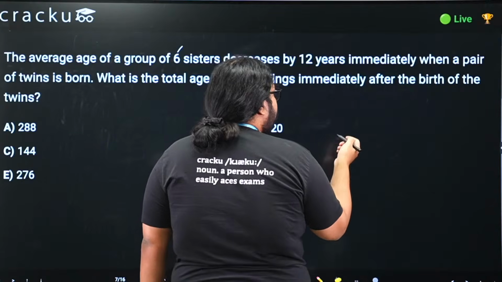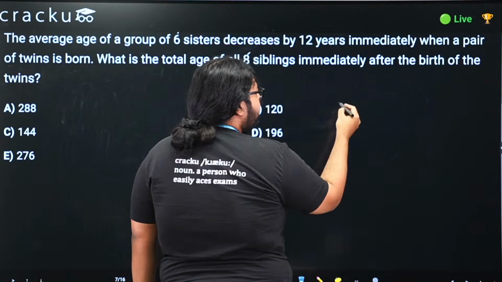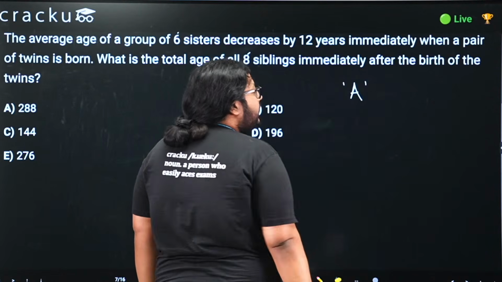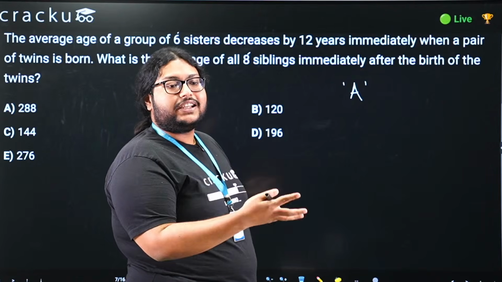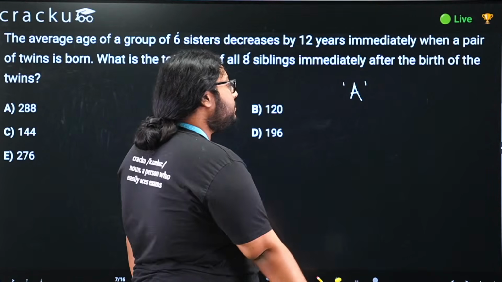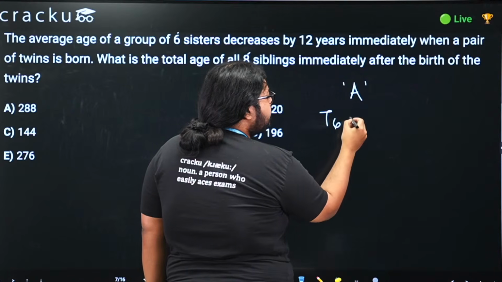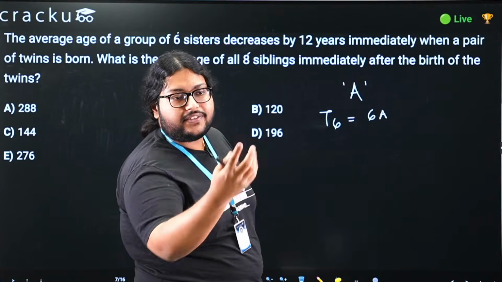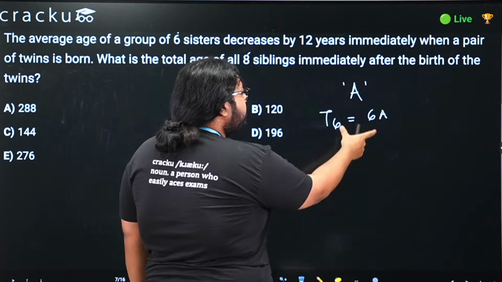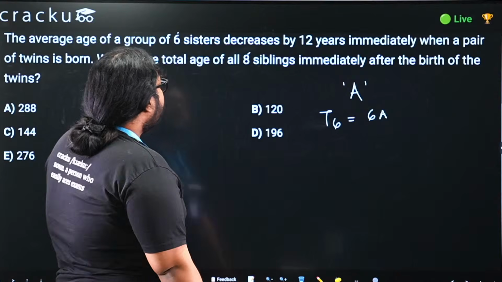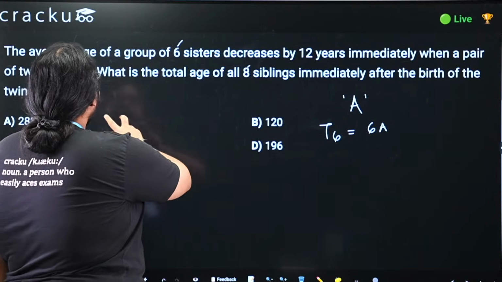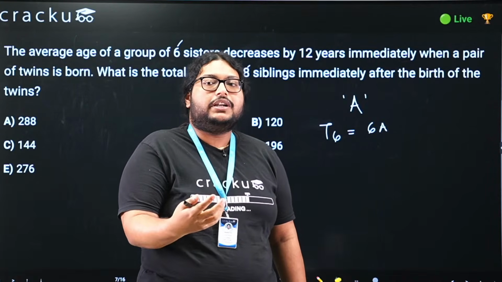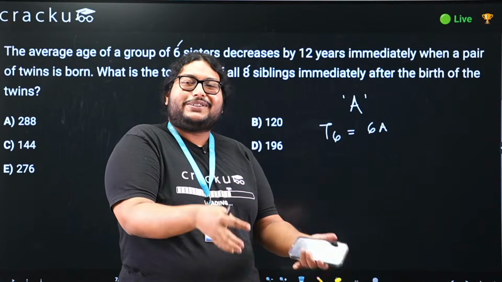Let's consider that the average age before the birth of the twins is A. In that case, the total age for all the six siblings would be 6A, because obviously total age divided by 6 gives the average. Now when the two children are immediately born, they are not contributing to the total age because their age is still 0.